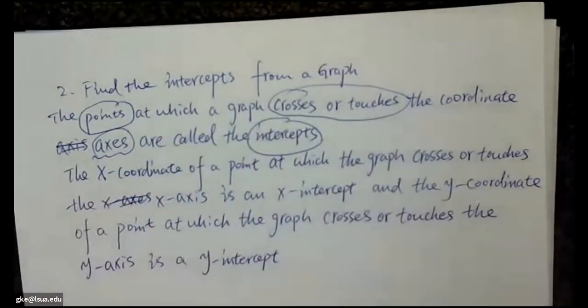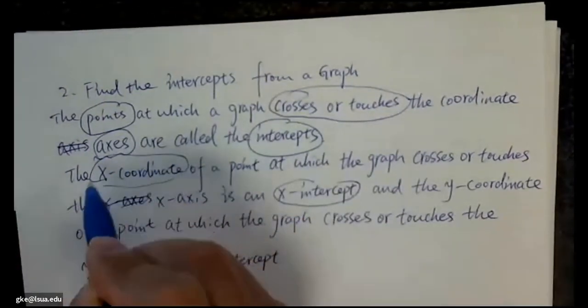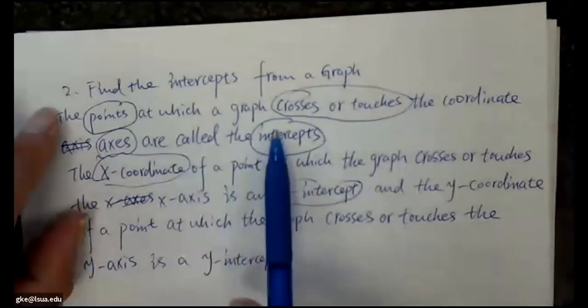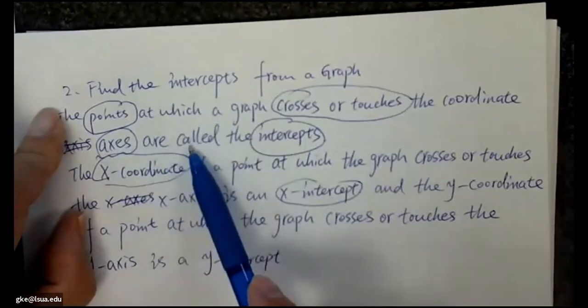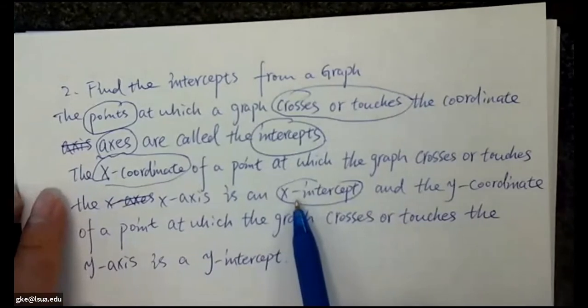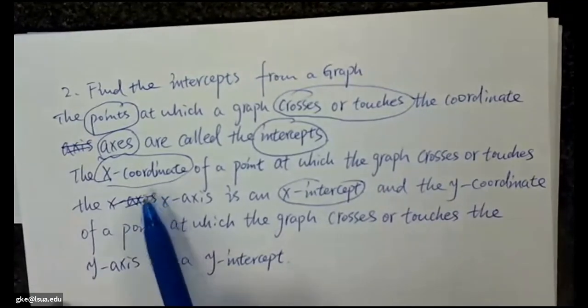Now, for the x-intercept, that's a value, only including the x coordinate, okay? The difference between these two is for the intercepts, that's a point. A point has x and y. For the x-intercept, just a value, just an x coordinate. Okay, there's no y coordinate, just a value.